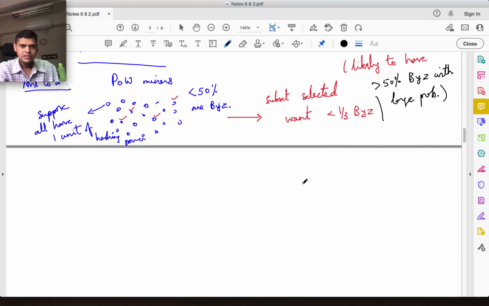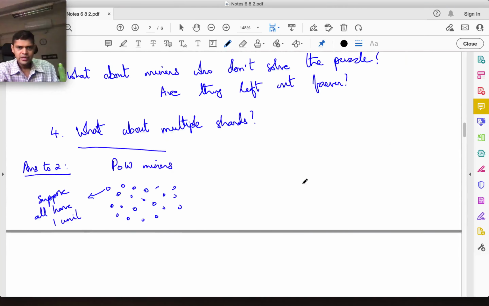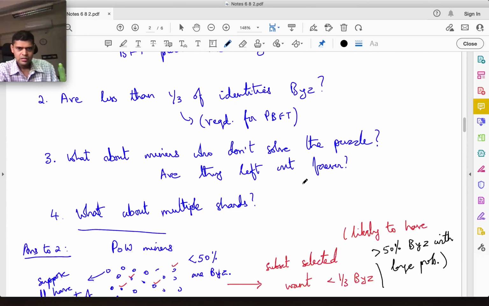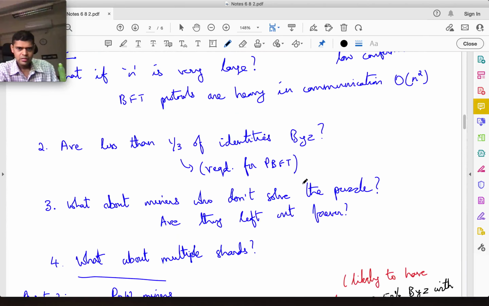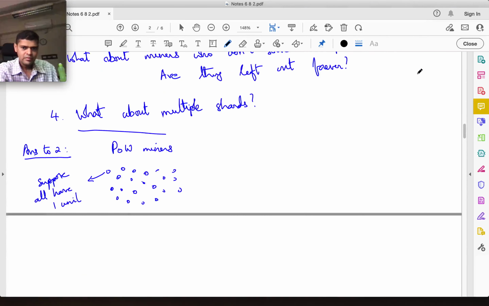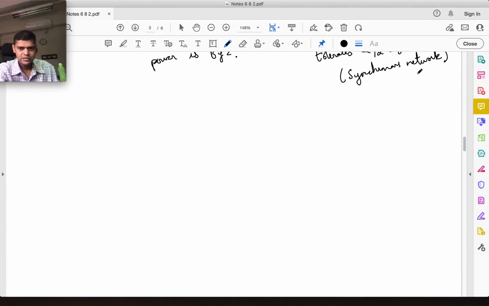Okay. Then let's look at some of the other questions that we talk about. Okay, so there is this issue: what should n be, right? And what should be the size of this shard?